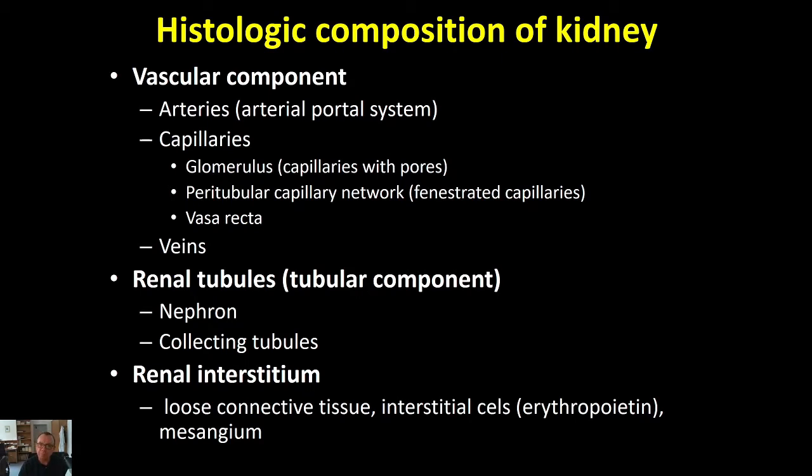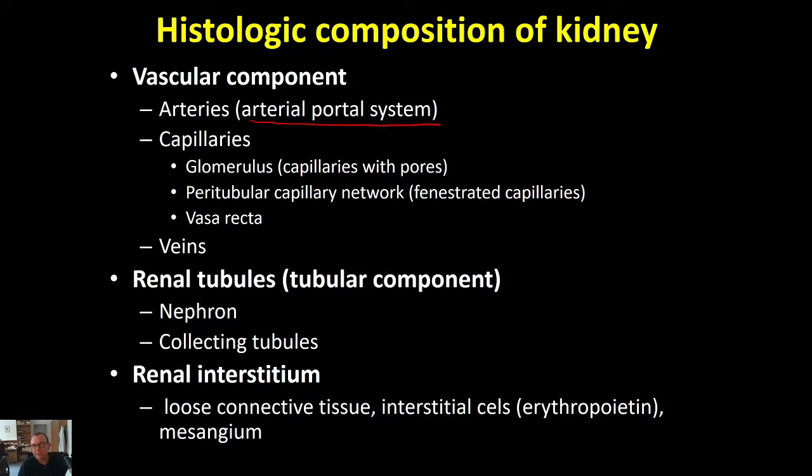So the blood supply of a kidney must be very special. The special thing is that there is arterial portal system. That means the system of two capillary networks connected by an arteriole, which can be called portal arteriole, but in fact we call it afferent arteriole.